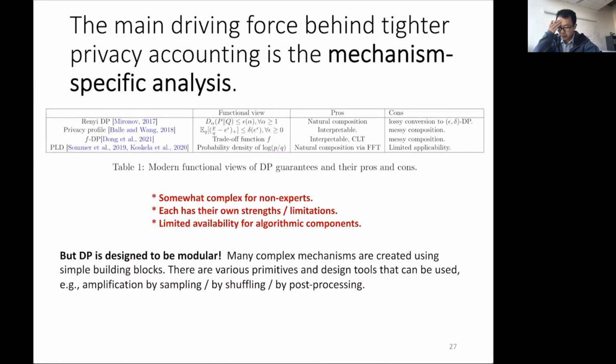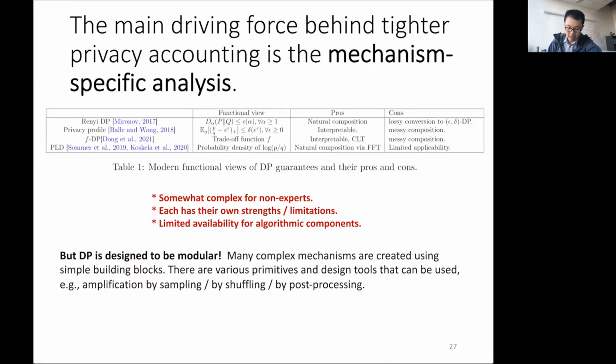There are various algorithm design techniques that can be used to extend the basic building blocks of these DP mechanisms, such as the Gaussian mechanism and Laplace mechanism, into their more complex counterparts.